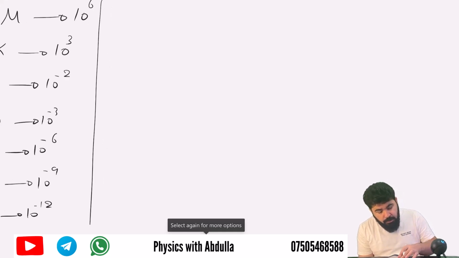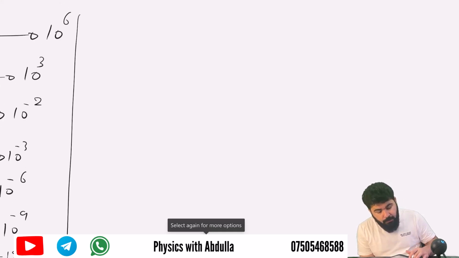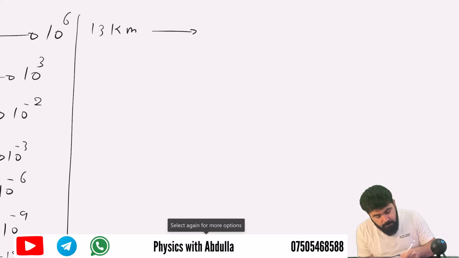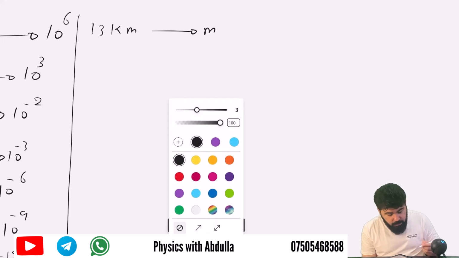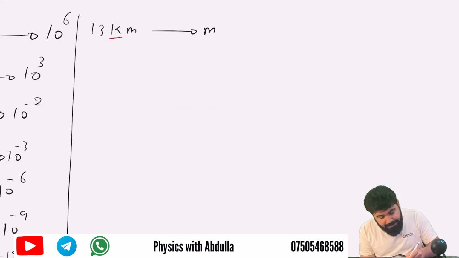So how do we convert from one prefix to another? Now, let's say you have 13 kilometers. You are asked to change that kilometer to meter. Okay, so how do we do this? You see, we have kilo here.